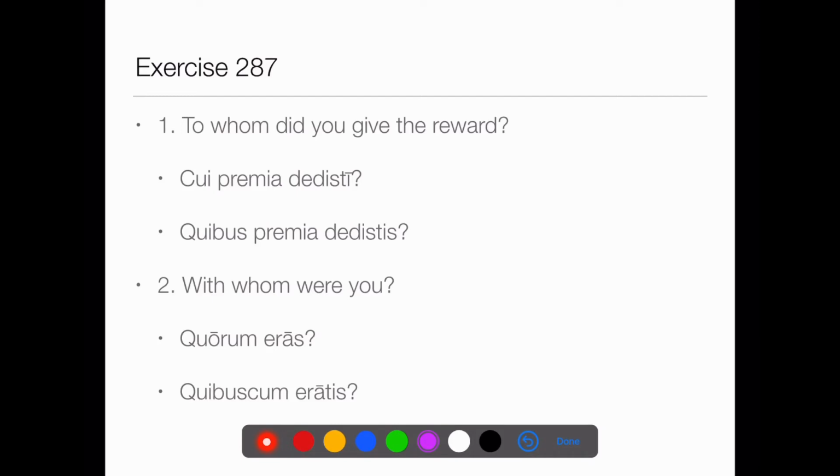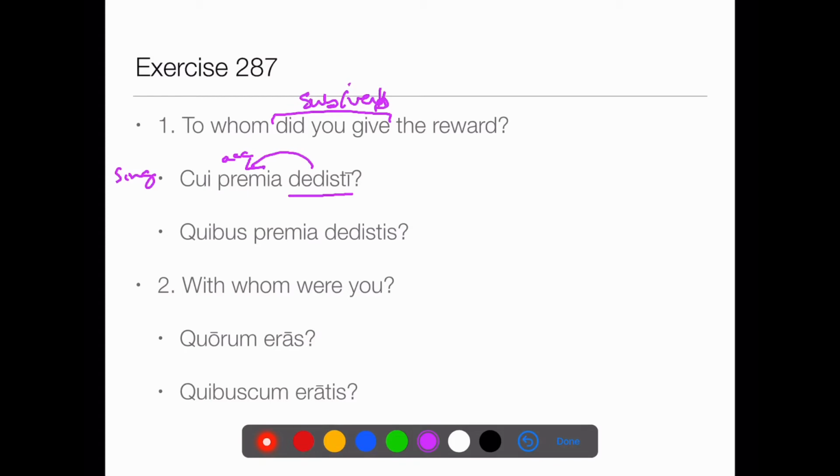So for number 1, the question in the book is, to whom did you give the reward? So in the singular, we have you did give, dedisti, the reward, which you notice is in the accusative. So did you give is going to be the subject and the verb.